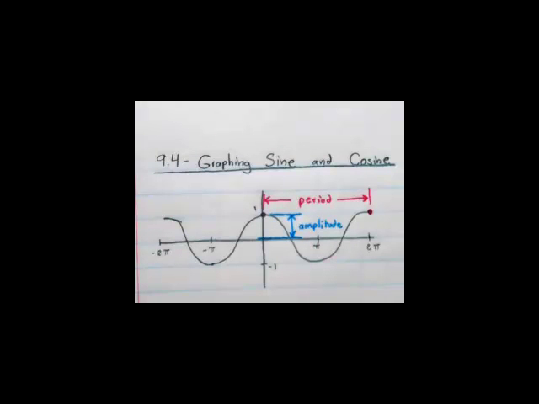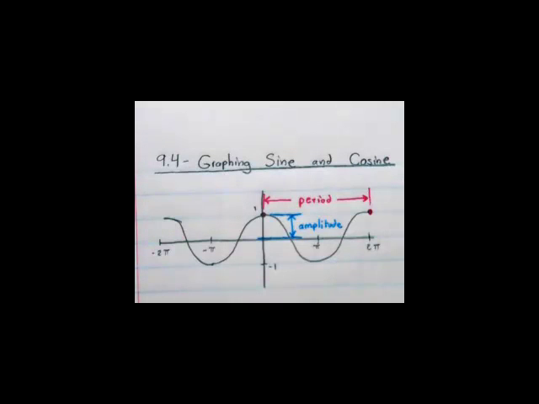Okay? Then the only other two things that you might have that you'll need to know about are vertical shift and phase shift. And vertical shift you've actually already seen before. A vertical shift is how a function has been moved up or down, right? And phase shift is going to be like your horizontal shift.